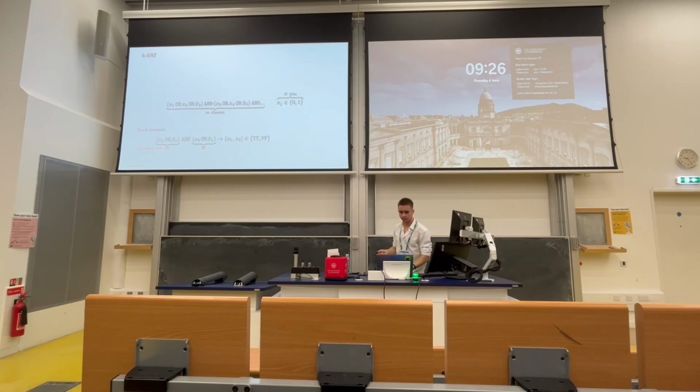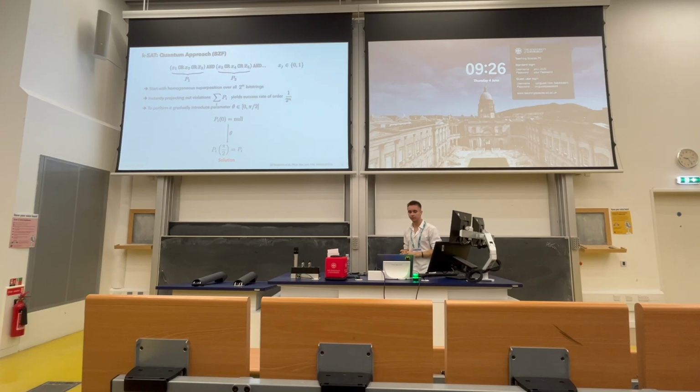So this generalizes. And we now, in the general case, will assign to each clause a projector to a violation subspace. So in quantum language, it's orthogonal to the solution subspace of the clause. And so the strategy will be to start with a homogeneous superposition of all the bit strings, and then just project out everything that violates.